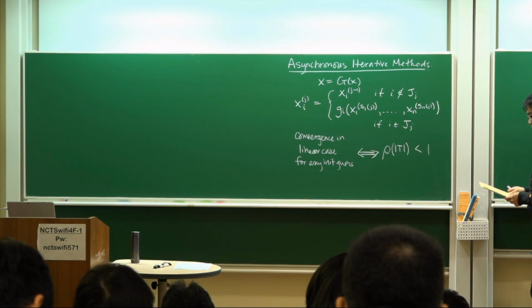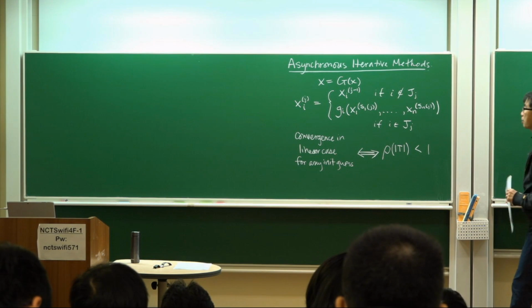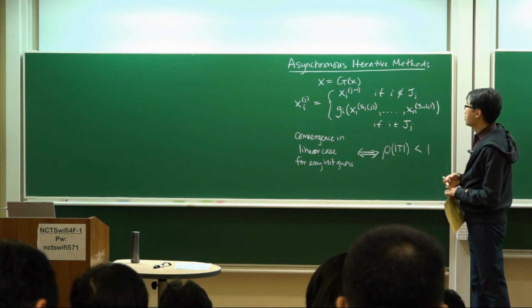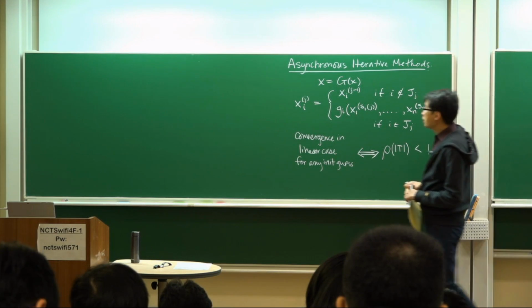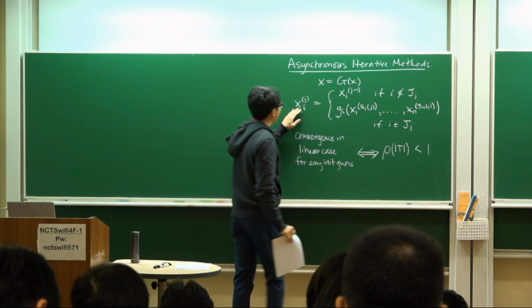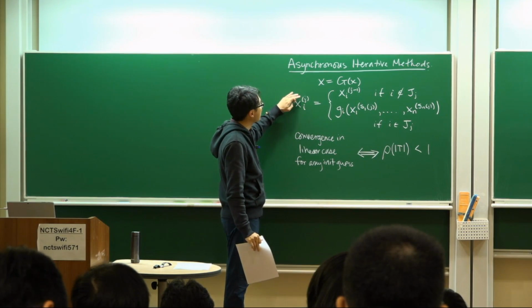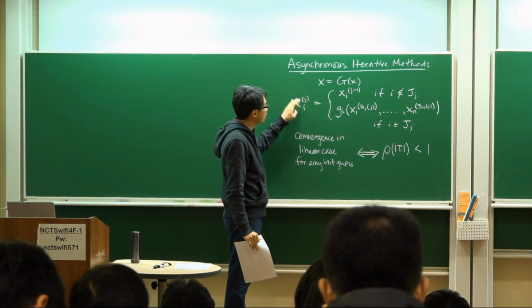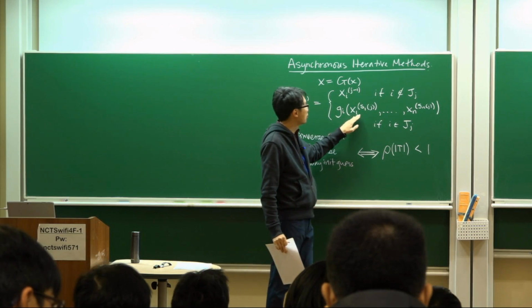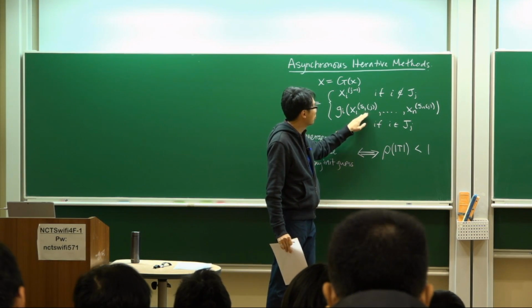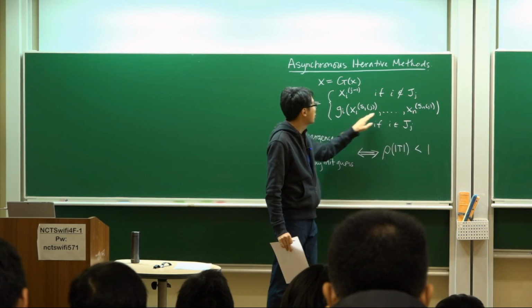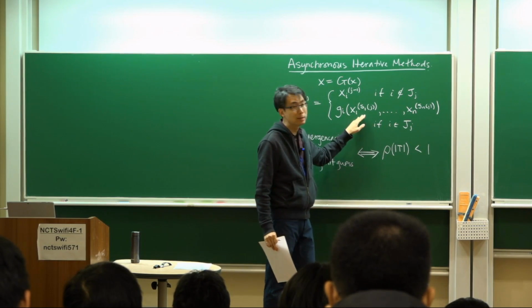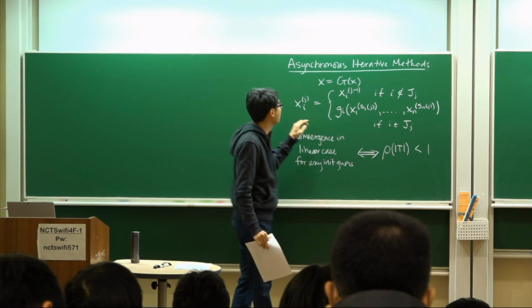Okay. Something that I do not like about this model that I want to point out right now is that when we're updating component i at the jth time step, we are using these previous values, but the previous values don't have to be the latest ones, even for component i.